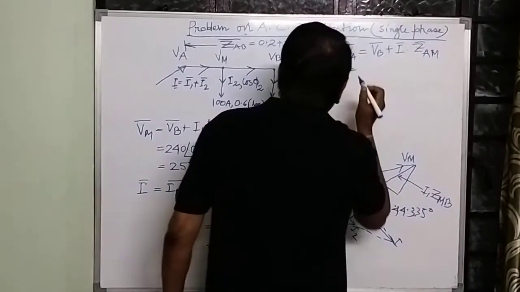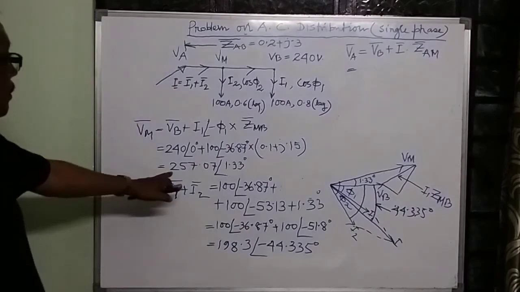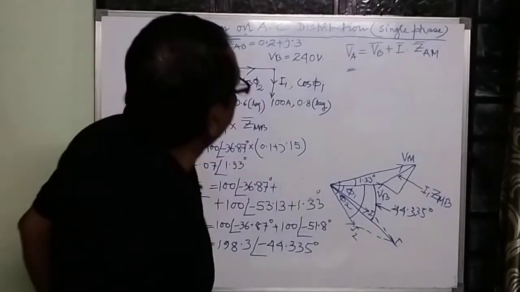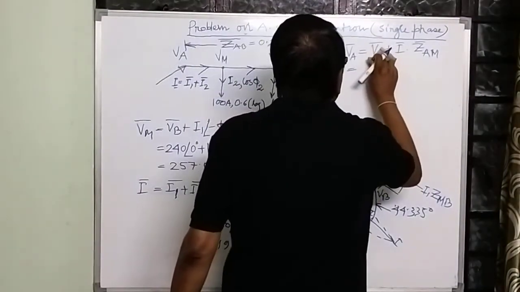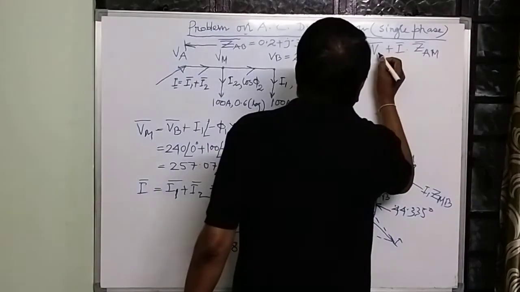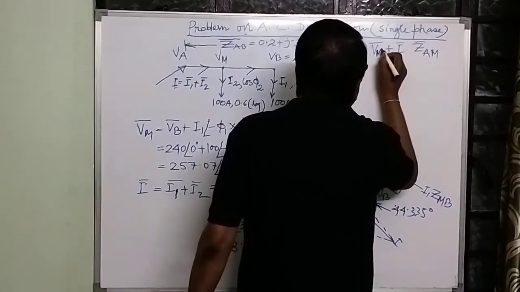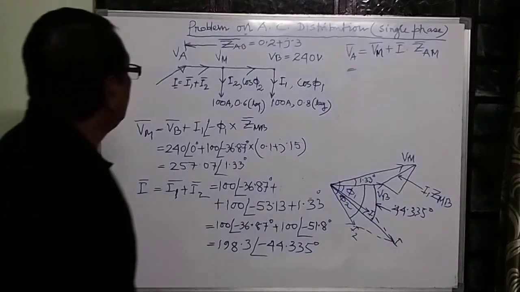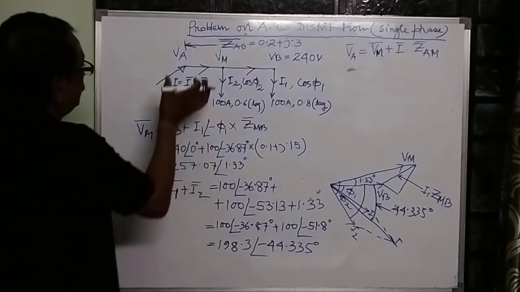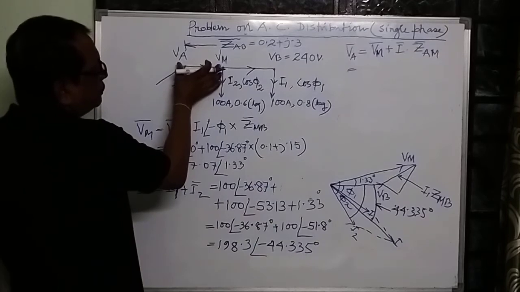So this voltage will be VM plus the voltage drop across the AM section.